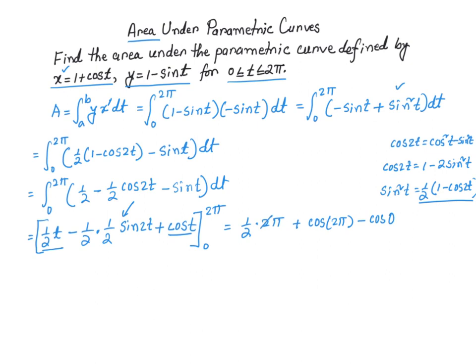So the 2 and 2 are going to cancel out. That's going to give me pi. Now cosine of 2 pi and cosine of 0 are the same thing, so they're going to cancel out. So the area is actually going to be just pi. So the area under the curve for these parametric equations between 0 and 2 pi is just pi.